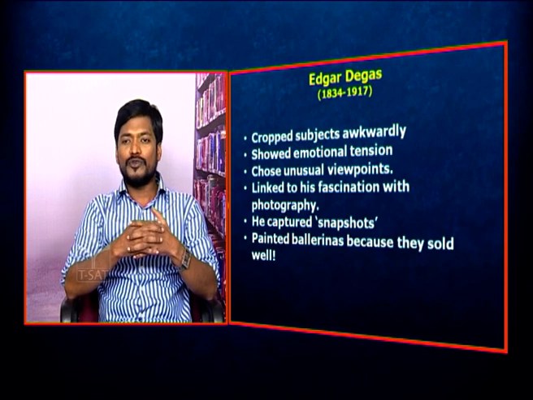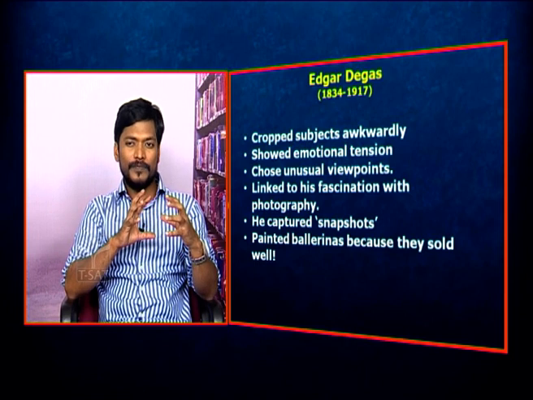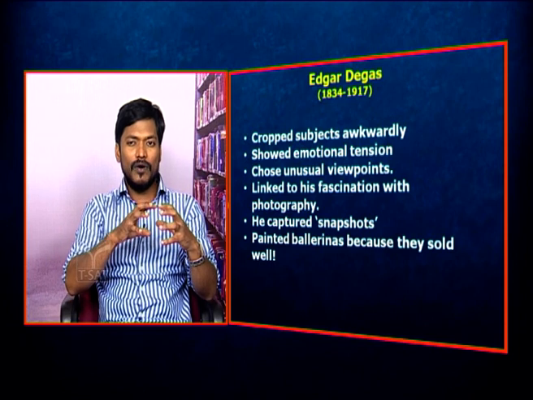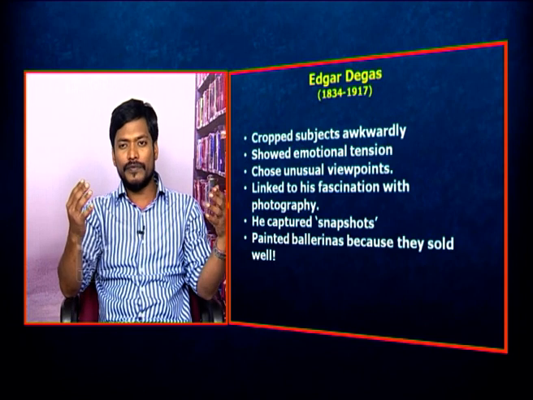He captured snapshots. So it is not that he's composing in the sense of balance or certain principles of composition, but he's also creating a sense of snapshot compositions. You can see that when you look at the paintings.